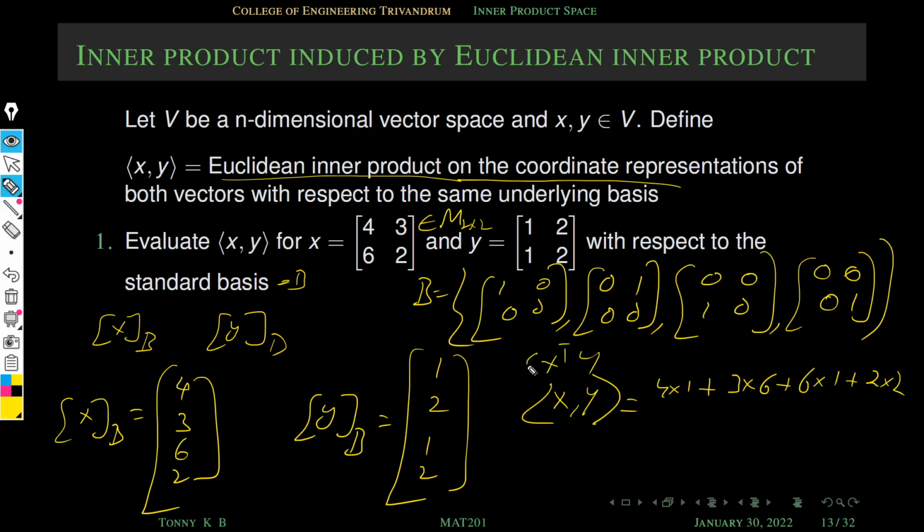Actually here, instead of x, it is the coordinate of x with respect to b transpose the coordinate of y with respect to b. So 4 plus 6 plus 6 plus 4 is equal to 20. So the inner product between these two matrices is 20.